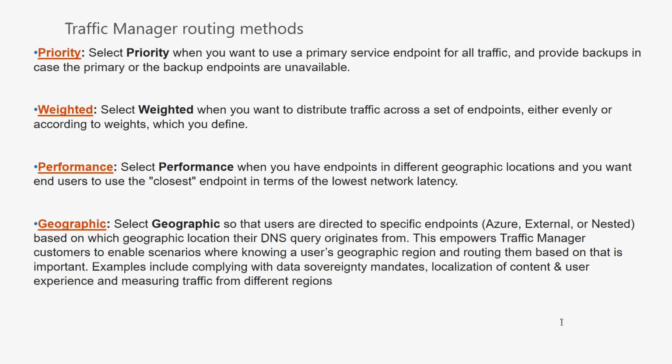It doesn't measure the duration, but it maintains a latency table. Azure Traffic Manager maintains a latency table, so it will see how the IP round trips are made, and it will maintain it on its table.